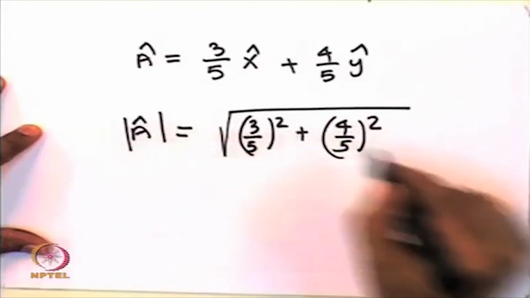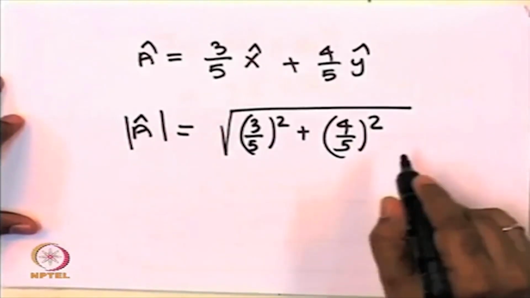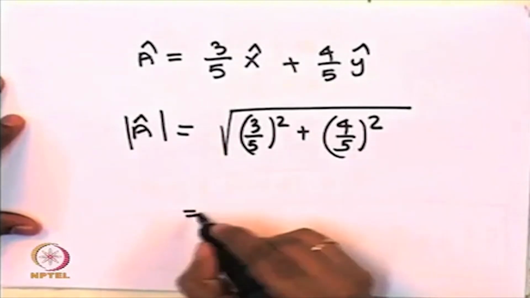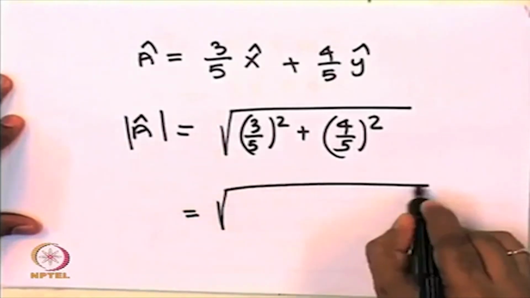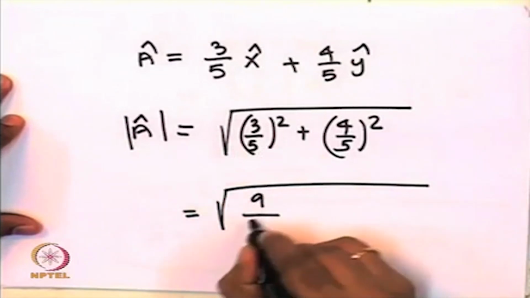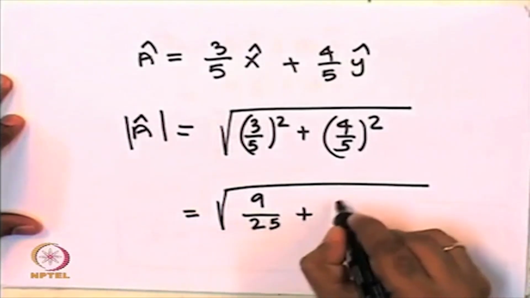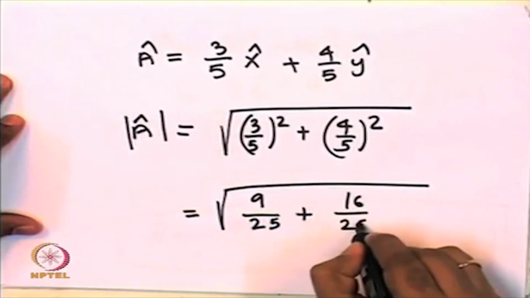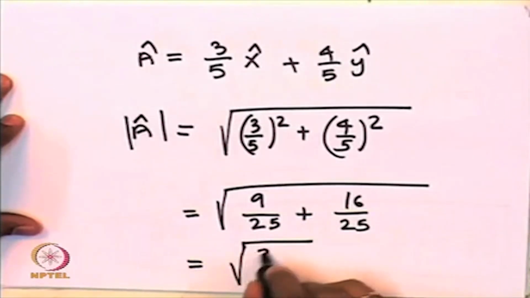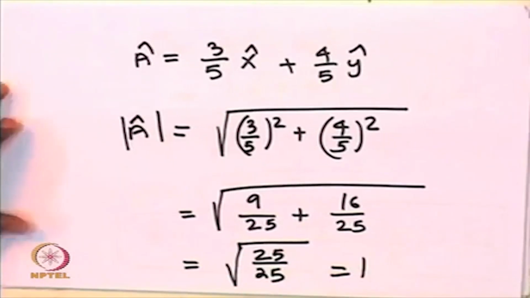That is how we find the mod of any vector. 3/5 squared is 9/25, plus 16/25. This is the root of 25/25, which is 1.